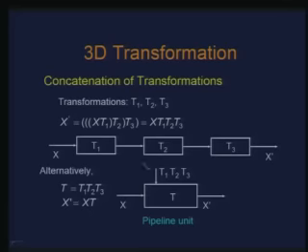So, now this pipeline is changed to a structure where I have an input x and the pipeline unit contains the concatenated or multiplied transformations T1, T2, T3, and I obtain x prime. Once I have done this multiplication of matrices, I just need to apply one single matrix to all the points, which is computationally beneficial.